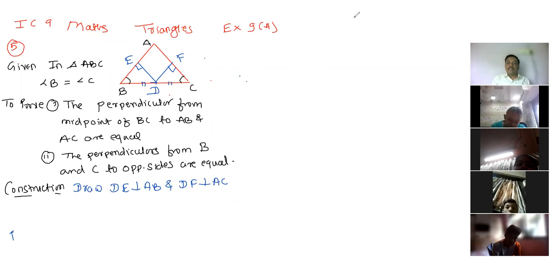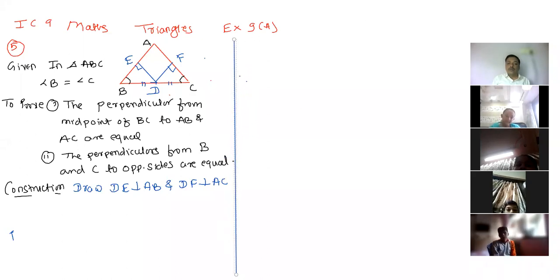Minimum 3 conditions are required to prove any triangles congruent. First we have to prove that the two triangles at the base, BDE and CDF, are congruent.